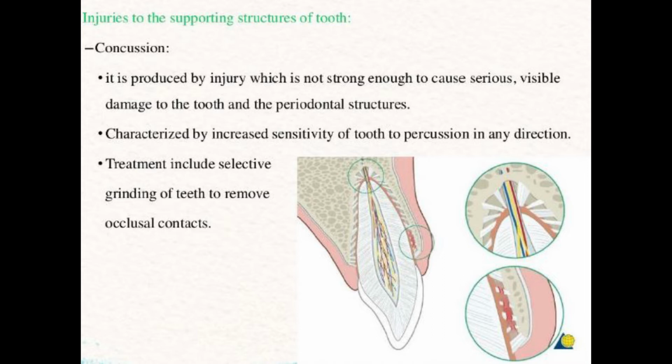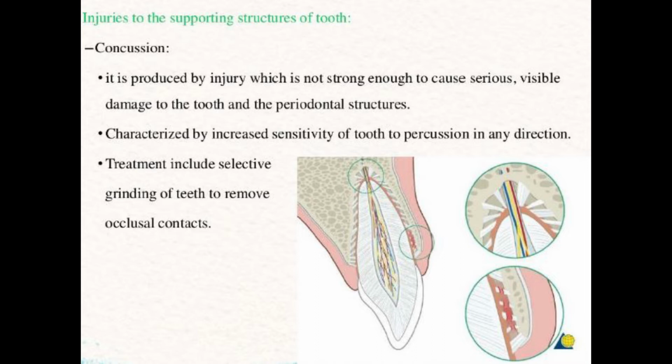The crown will appear normal and the patient will not feel any difference in the occlusion. The pulp will give a normal response to vitality test, but there is increased sensitivity of the tooth to percussion from any direction. The treatment is selective grinding of the tooth to eliminate the occlusal forces.